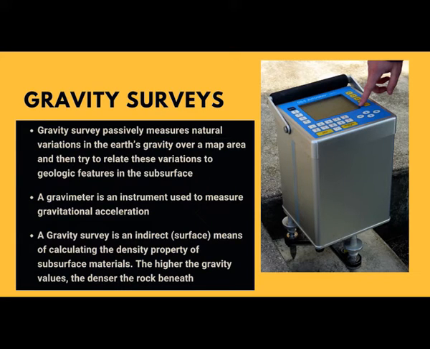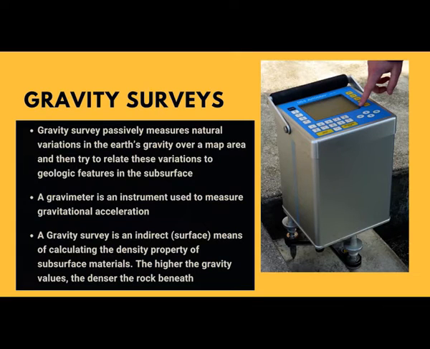Then the next one is a gravity survey. Gravity survey passively measures natural variations in the Earth's gravity over a map area and then tries to relate these variations to geological features in the subsurface. A gravimeter is an instrument used to measure gravitational acceleration. It is basically a portable instrument, which is taken by the geologists to different locations, and then they try to measure the acceleration due to gravity.